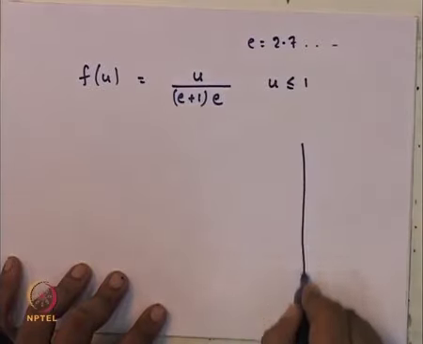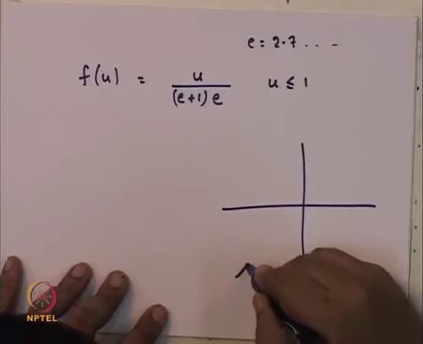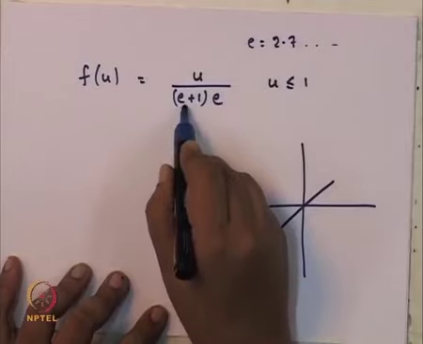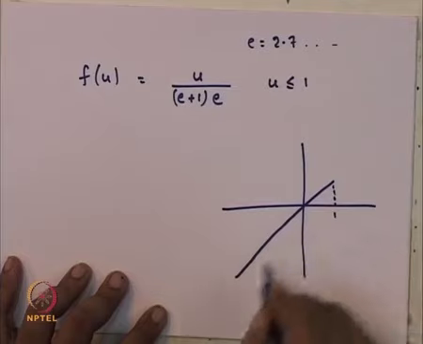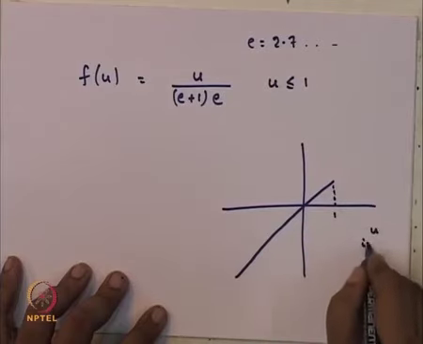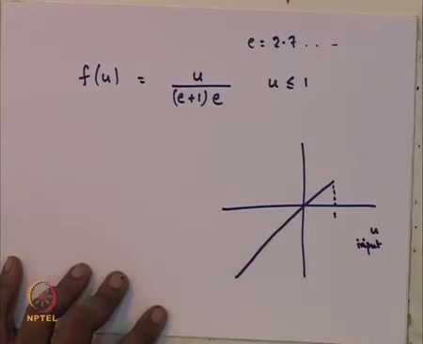So, if you draw the characteristics, you get a line with slope 1 upon e plus 1 by e, and this goes right up to 1. This being the input u.